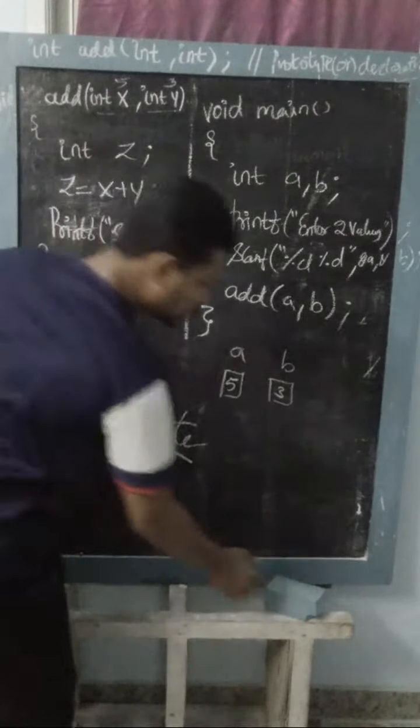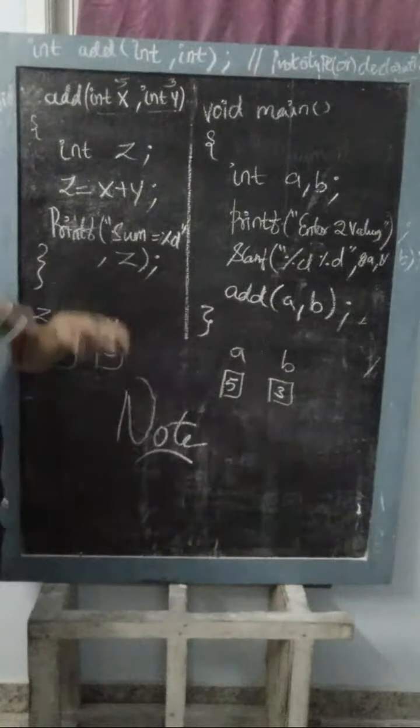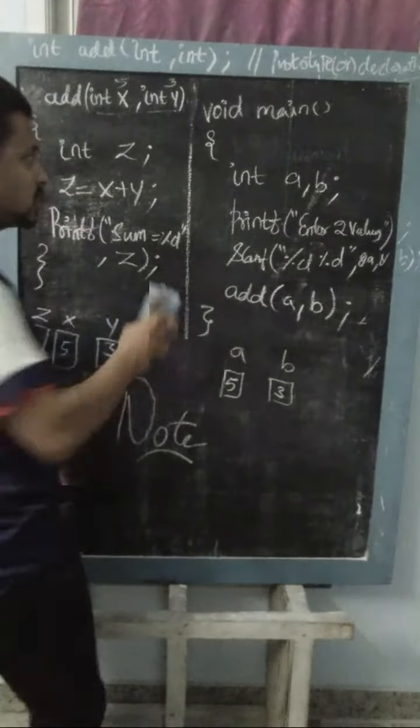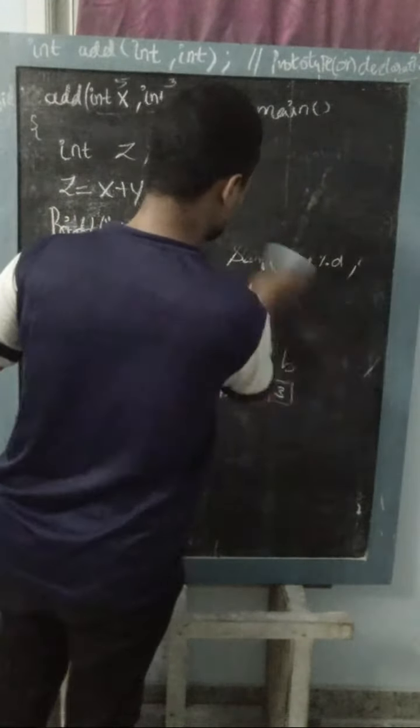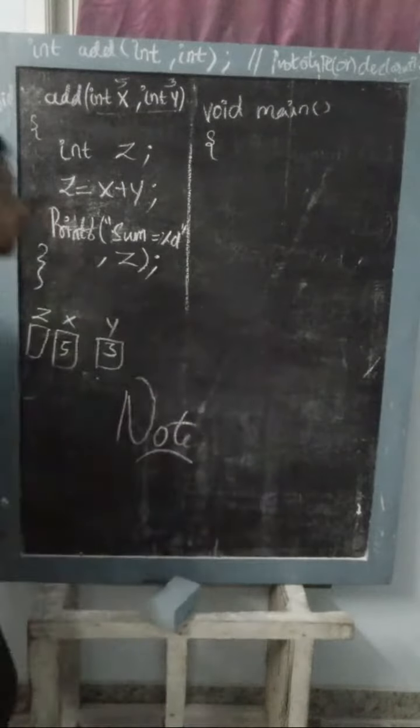So now we are going to write the program for the function without argument but with return type. A small change, actually a big change, is that I'm just erasing this one. There are no arguments, but a return type is there, so integer.